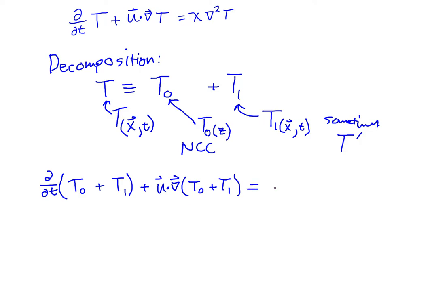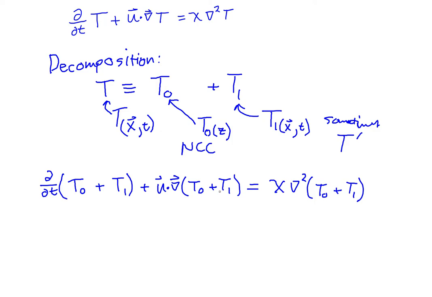This is equal to our thermal diffusion part, chi del squared, our Laplacian operator, on both T0 and T1. All we've done is rewrite our equation. We haven't said anything new and different.